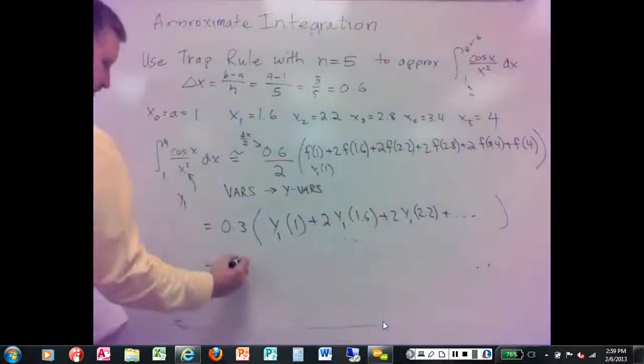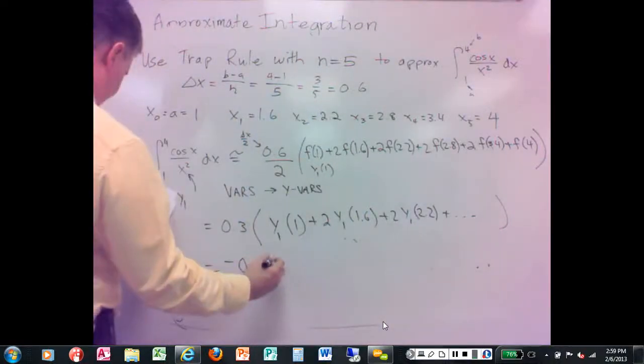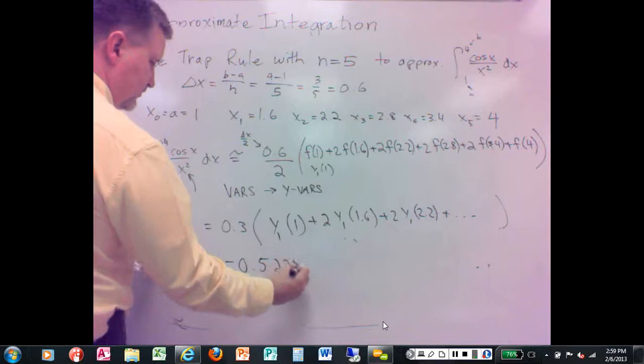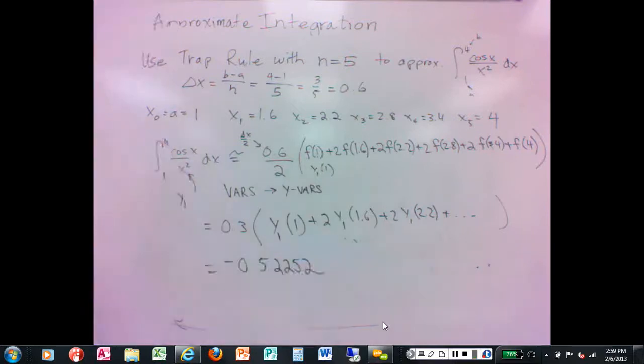Negative 0.52252. Negative 0.52252. Yes. Should be what you get. Oh, you got 0.05. Yeah. Check it out.